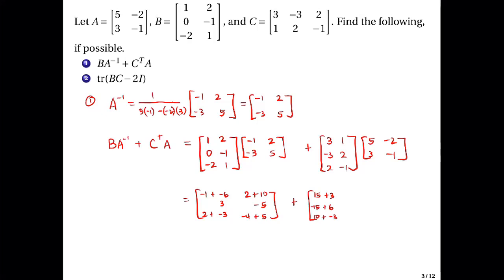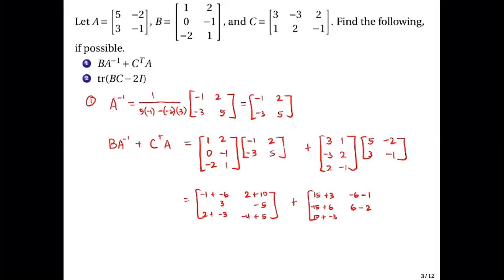Then for the second column here, we have 3 times -2, that's -6. 1 times -1, that's -1. -3 times -2, that's +6. 2 times -1, that's -2.